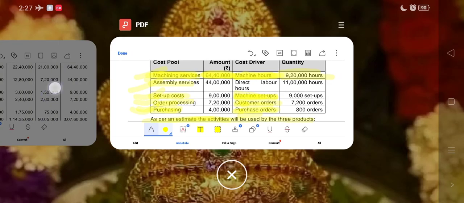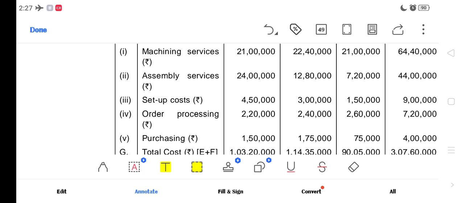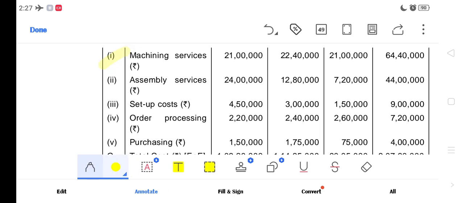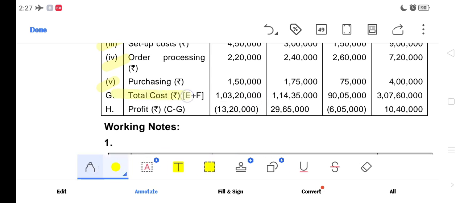Only those 5 are considered. And total cost means not only these 5, but you also need to add the direct cost. So direct cost and these 5 overhead expenses together make the total cost. If you deduct this total cost from the sales value, you get the profit. So for products A and C there is a loss.